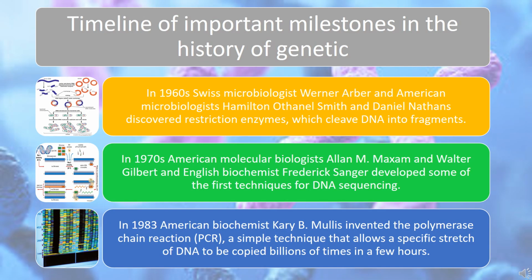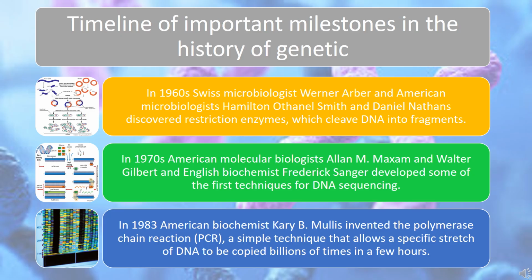In the 1960s, Swiss microbiologist Werner Arber and American microbiologists Hamilton Othniel Smith and Daniel Nathans discovered restriction enzymes, which cleave DNA into fragments. The discovery, for which the three men shared the 1978 Nobel Prize for Physiology or Medicine, enabled scientists to manipulate genes by removing and inserting DNA sequences.